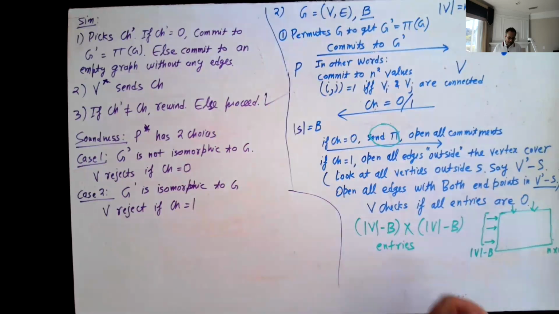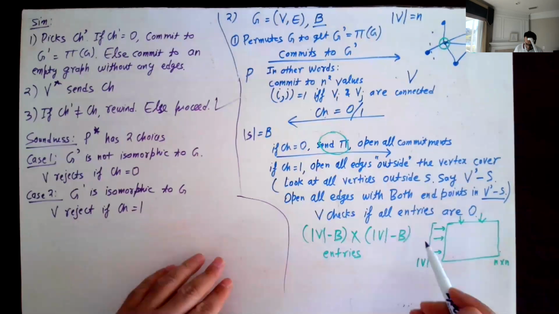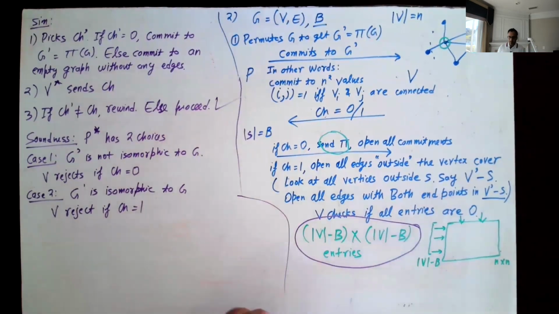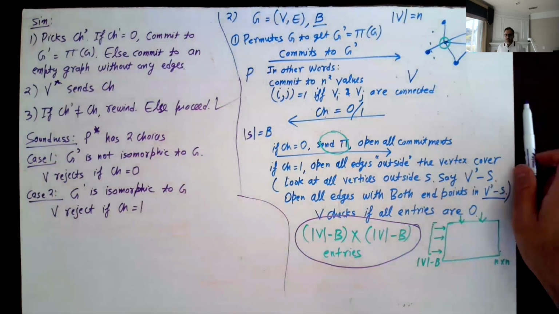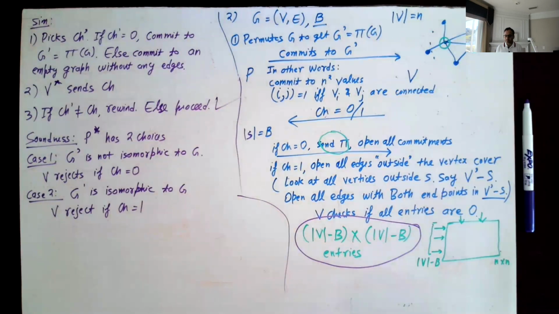You do need to show that there are all these edges, and there are all these vertices, and basically no edges left outside the vertex cover. Okay, so regardless of what strategy the cheating prover follows, the verifier continues to reject with probability at least half.